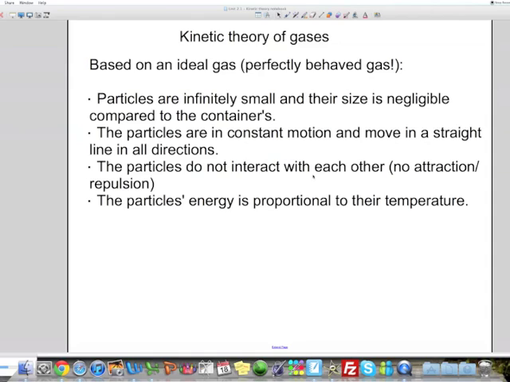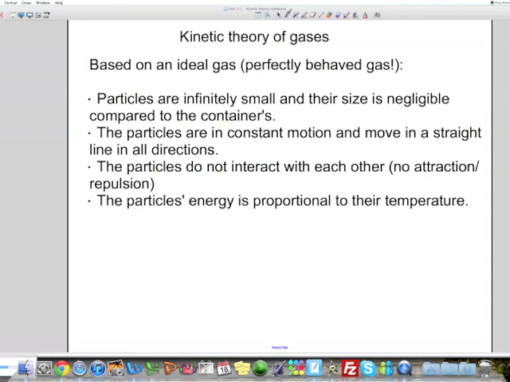So there's no side interaction that's going to mess up the results. They don't have any attraction or repulsion. Their reaction is unrelated to other particles, so we'll be able to study them individually and then compare to real gases to see how the results converge or diverge. And the particles' energy is proportional to their temperature. We saw that already.